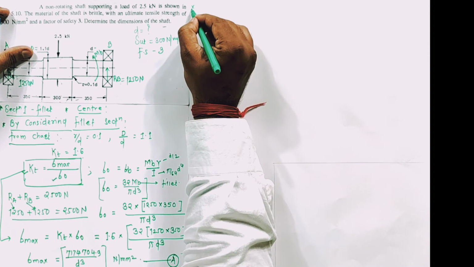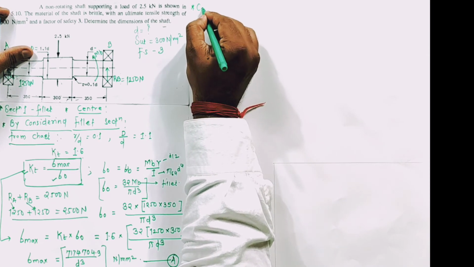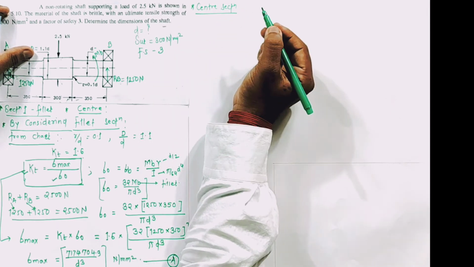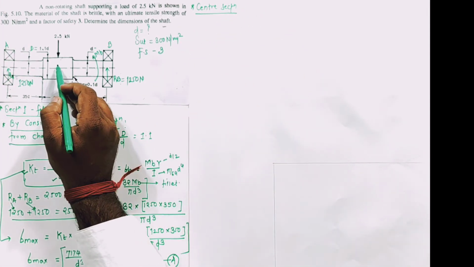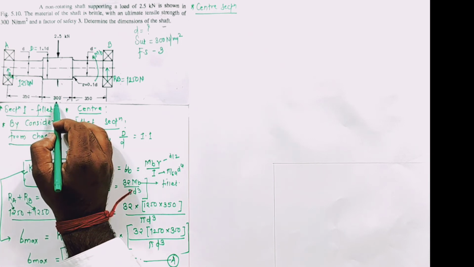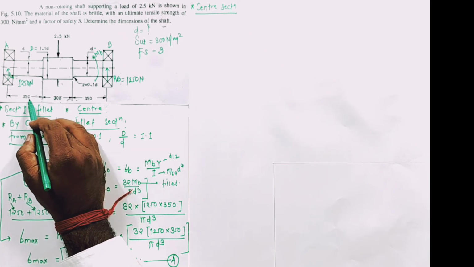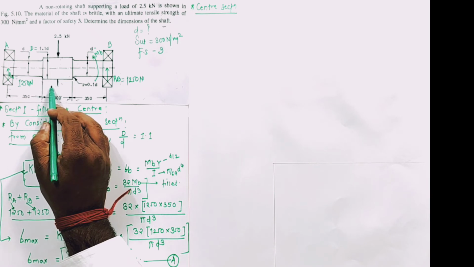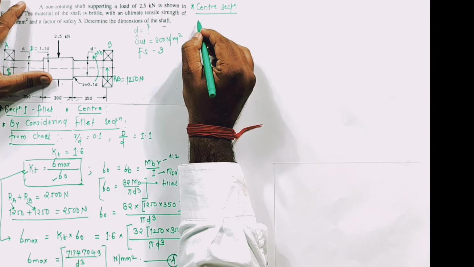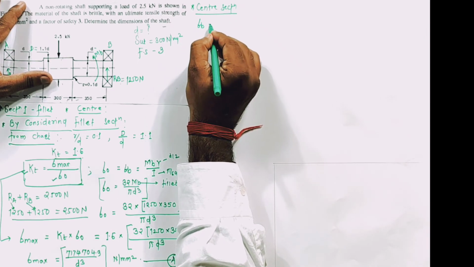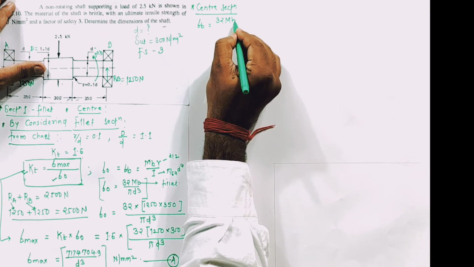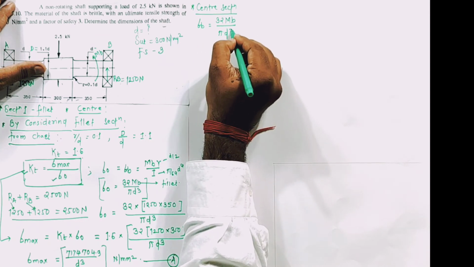Now I'll select the center section. For the center section, see here, the load is applied at the center, and the only change is the bending moment. 350 plus 300 divided by 2, that is 150. 350 plus 150 is 500. That is the only change; the rest of the things are the same. Therefore I'll write bending stress with respect to the center: 32 MB by pi d cube.